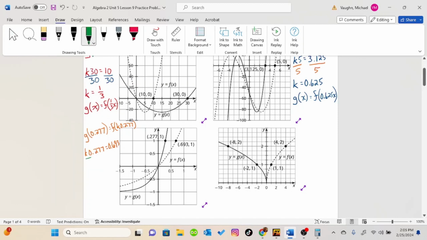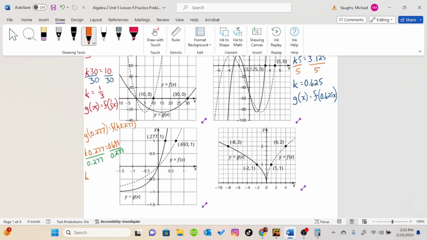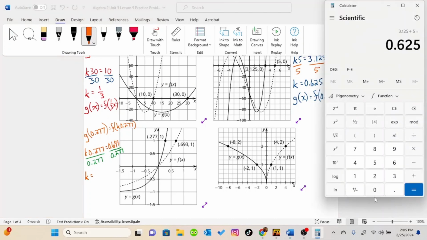So now we can divide both sides by 0.277, and we find our answer, k equals, if we take 0.693 divided by 0.277, we get 2.5.